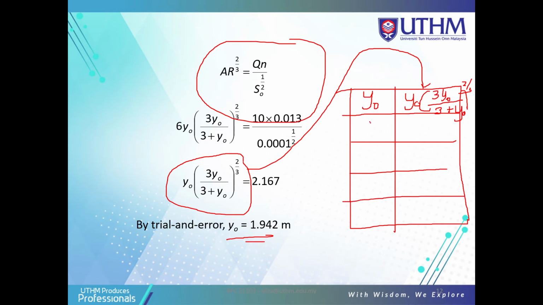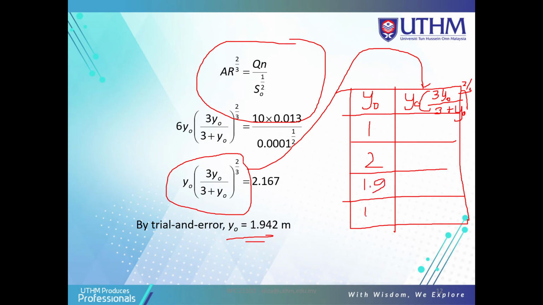Maybe you just put 1, and you get the value here. If you get the 2 here, maybe you get a value of more than 2. After you get the 2, you just go down from 2 to 1.9. So you get what?